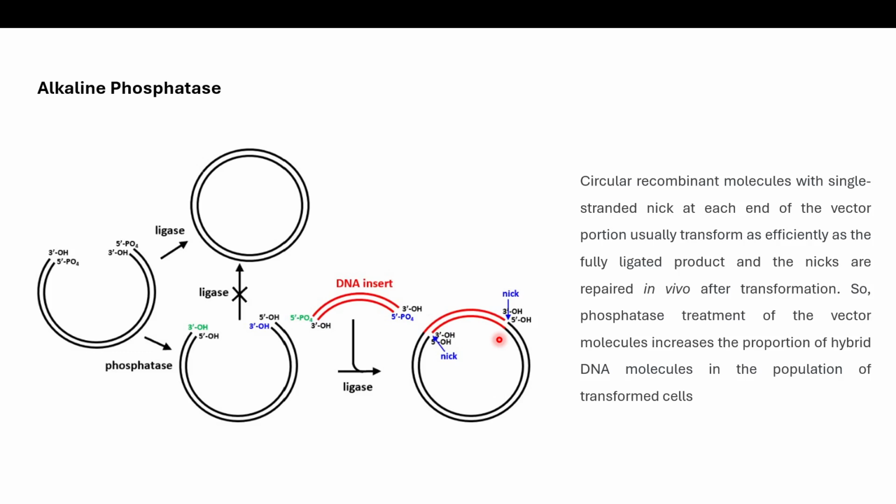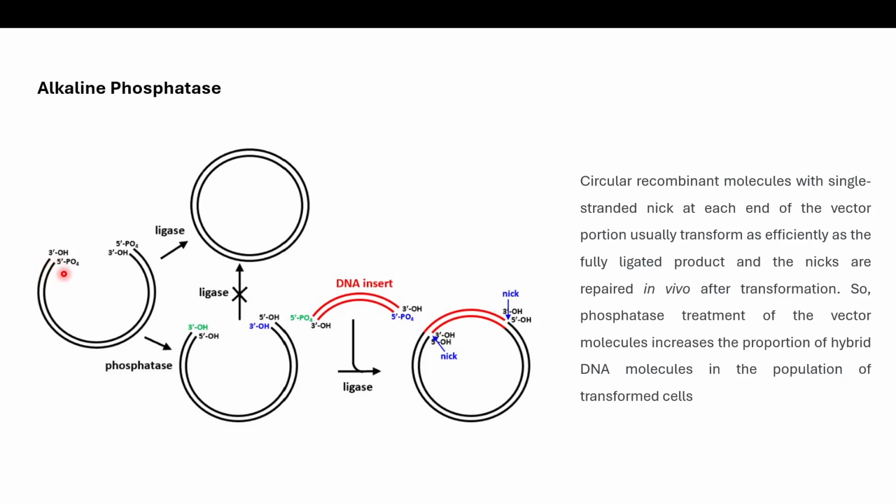This is what is being talked about: a circular recombinant molecule with a single-stranded nick at each junction of the vector. One nick is where the 5' phosphate was removed, and one nick is on the other strand where the 5' phosphate was removed. This molecule usually transforms as efficiently as the fully ligated product.